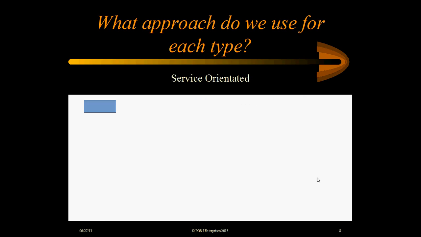In a service-oriented approach, it's a little different, and there's a little more work, and we produce some different and additional artifacts. We start with the source interface and develop a physical and a logical model. And then we take the logical model and use it to extend what is referred to as a common integration model.